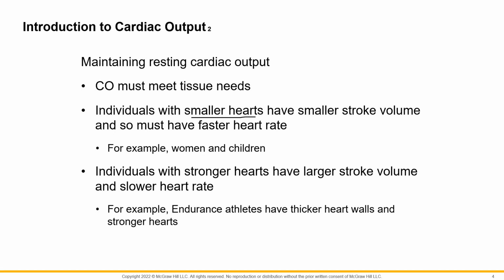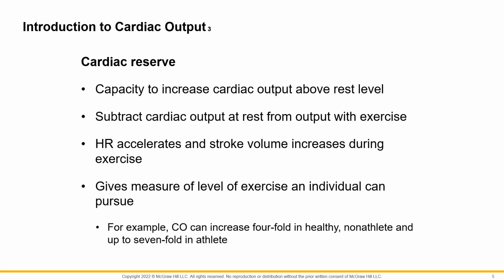The smaller the heart, the smaller the stroke volume. The larger the heart, the larger the stroke volume. So therefore, women and children tend to have smaller stroke volumes than adults and males. And endurance athletes will have thicker heart walls and have increased stroke volumes, and therefore will have increased cardiac output.